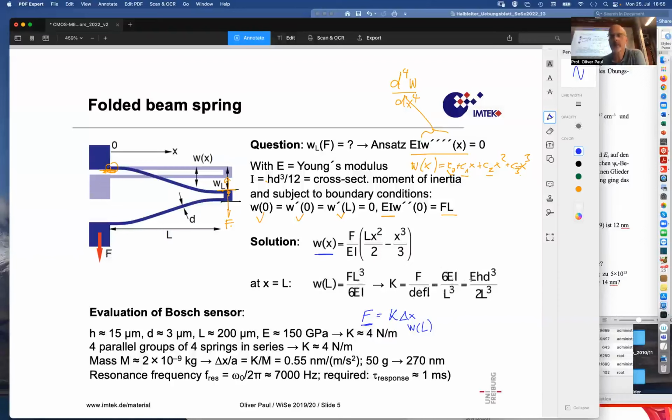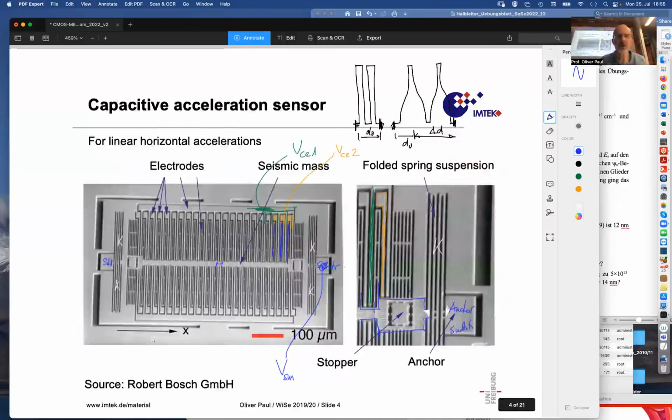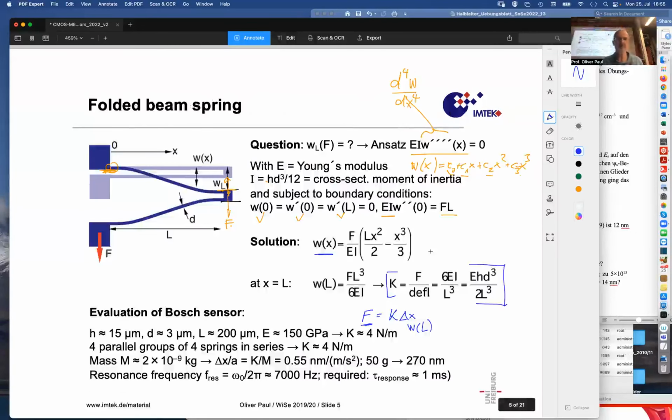And when we insert I, we obtain this other form, this final expression, which we can evaluate with given dimensions and an elastic modulus. I did that here in my attempt to reverse engineer Bosch's sensor. We have a height of 15 micrometers, which is typical epi-poly thickness. Then the beam thickness of these bending beams: by looking here, I said this must be 3, a smart guess, 3 micrometers.